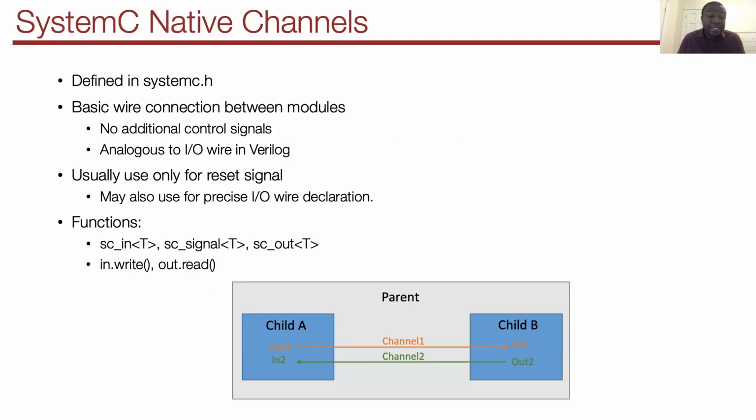There are some native channels available out there, especially within the SystemC.h library. These channels are templated and can be declared as input, output, or as a signal channel, as shown in this picture. The signal channel obviously will be used to connect between two input and output channel ports.